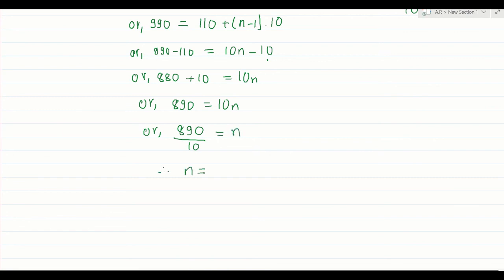Therefore, n is equal to 89. So, altogether there are 89 terms between 101 and 999, which are divisible by both 2 and 5. I hope this is clear.